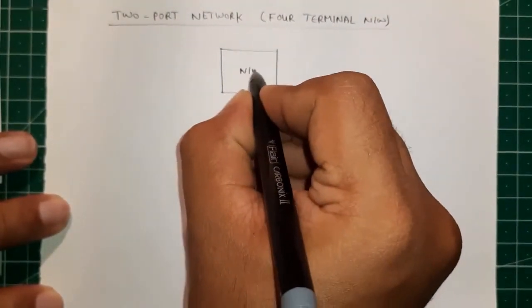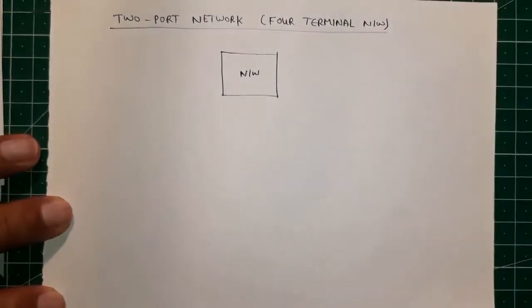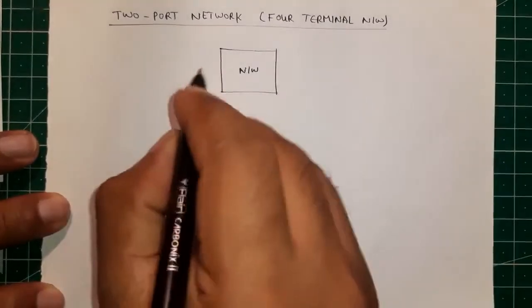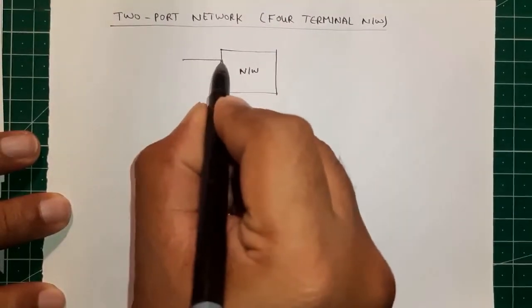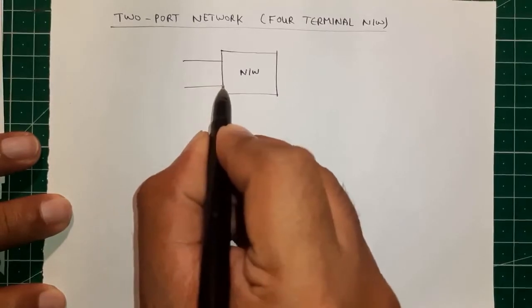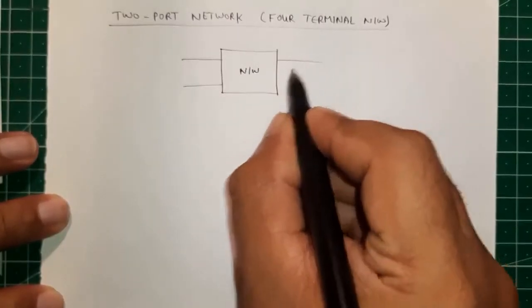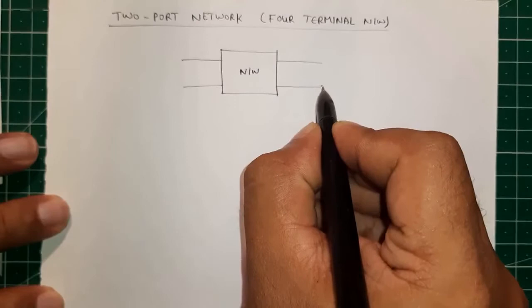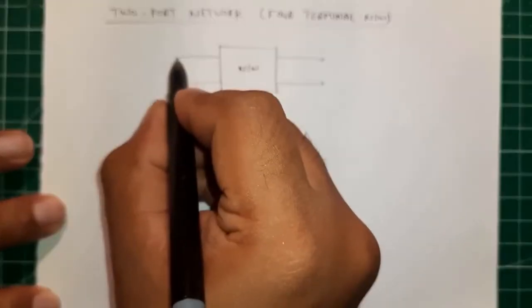Any network could be represented by a box like this with two input terminals and two output terminals.